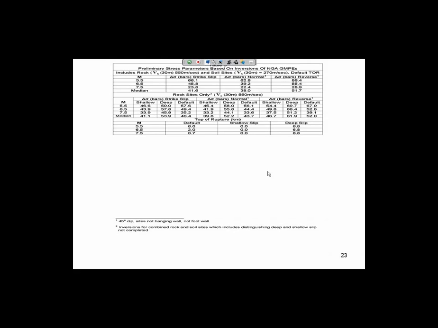We also see that as the top of rupture is deeper, the stress parameter increases. And we see that again for strike slip, normal, and reverse faults. And the last thing we see that's also incorporated in the GMPEs is that almost all the GMPEs have some sort of fault type, and the motions from reverse faults are larger than from either normal or strike slip, and that's reflected in our model by a larger stress parameter.